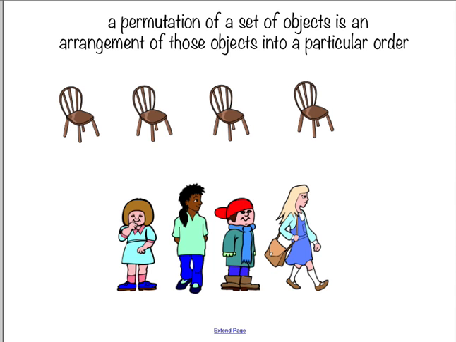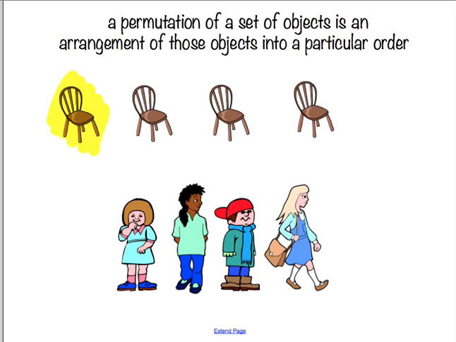So here's a situation where a permutation deals with what's in order. If I want to figure out how many different ways these four people can sit in these chairs, I have to take a look at how many possibilities there are for each specific location. So take a look at the first chair.